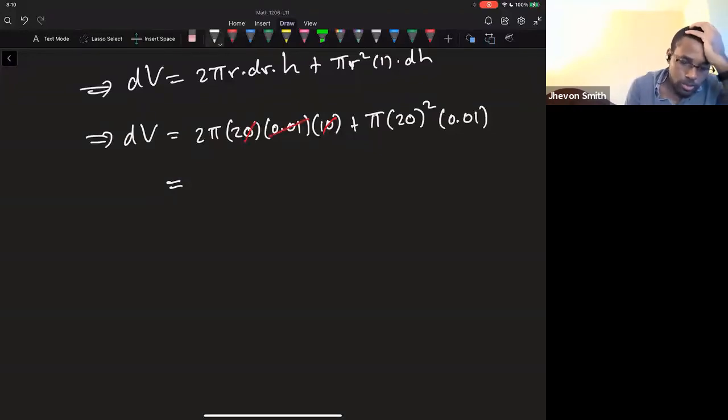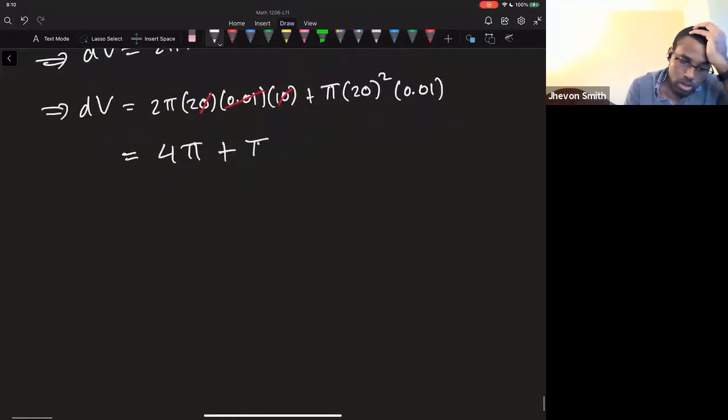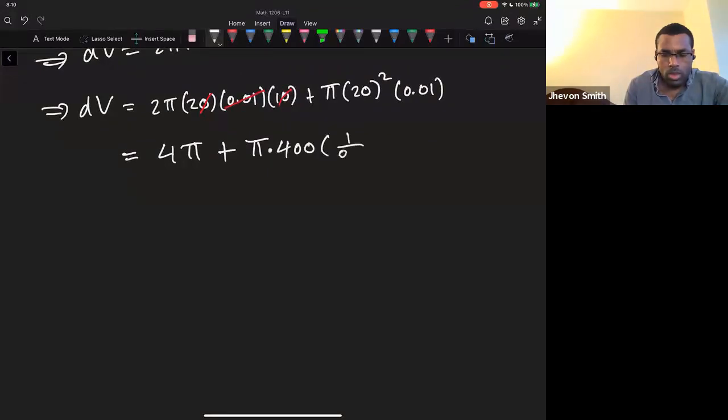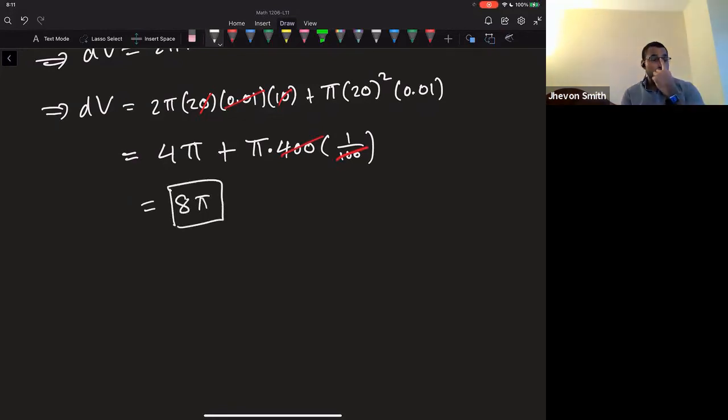So then that's just 4 pi in this case. 20 squared is 400. So that gives you another 4 pi. That gives you 8 pi, is the approximate error in the volume.